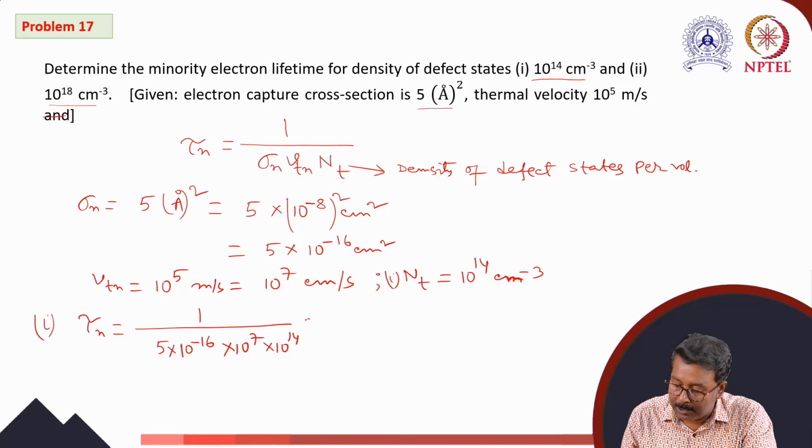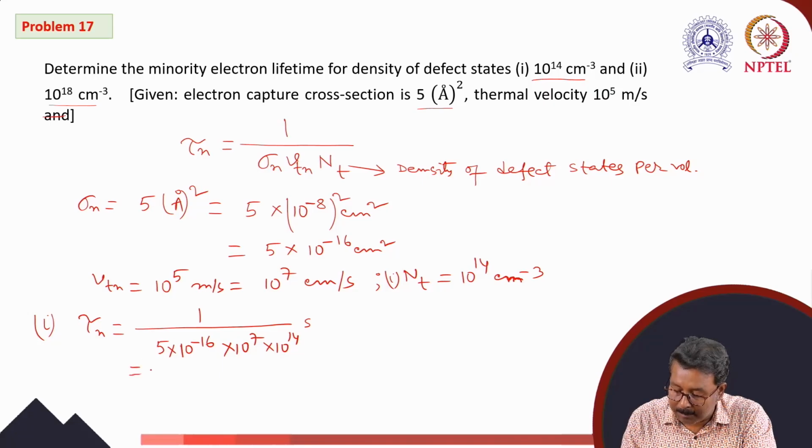Second, it will be obvious. You can check the dimension also. This is centimeter square, this is centimeter per second, so this is centimeter cube per second. Second is in the numerator, so second, and then Nt is per centimeter cube, so centimeter cube and per centimeter cube will be cancelled out. So this is a second.